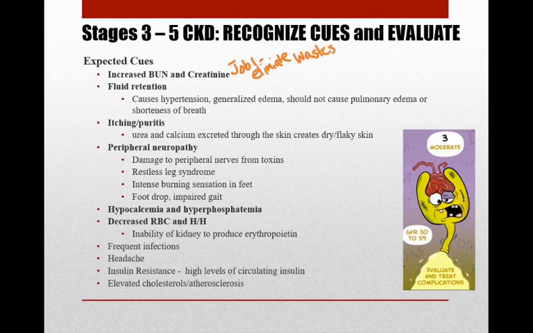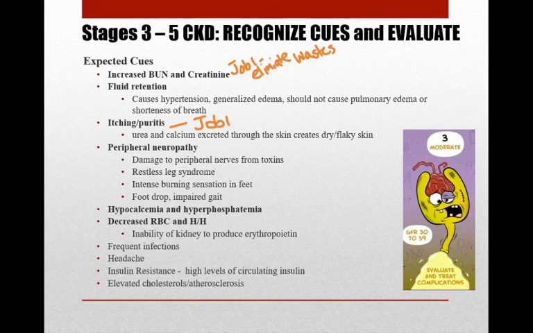So if job 1, eliminate waste, is broken, then we will start having circulating waste in our system, okay? So as job 1 starts getting broken down and things aren't working well, we're going to have an increased BUN and creatinine.